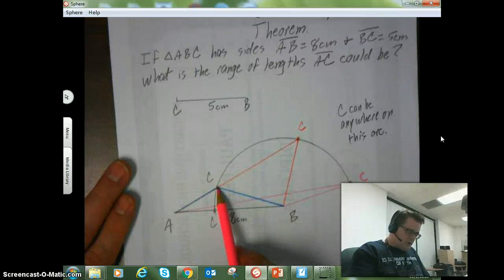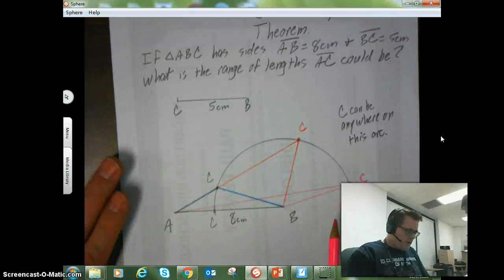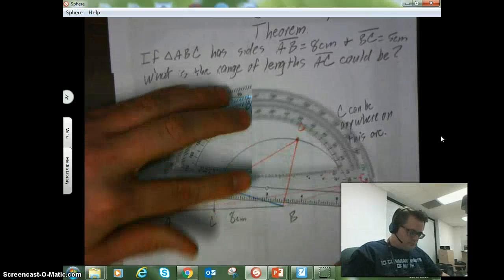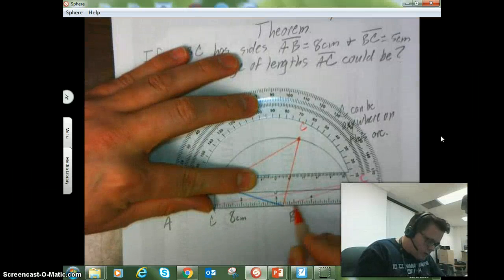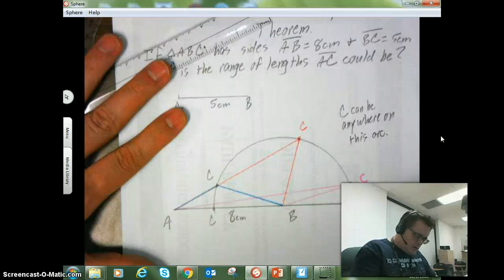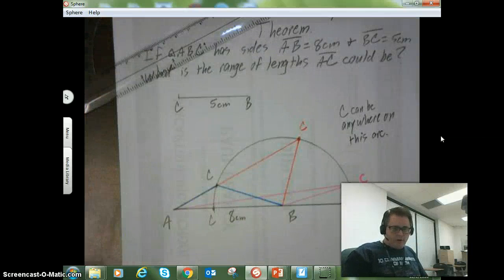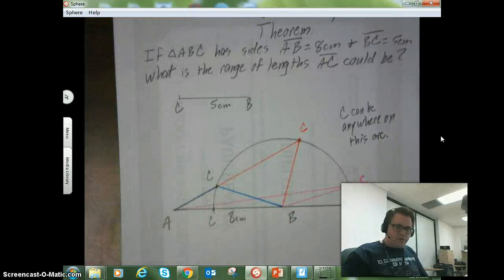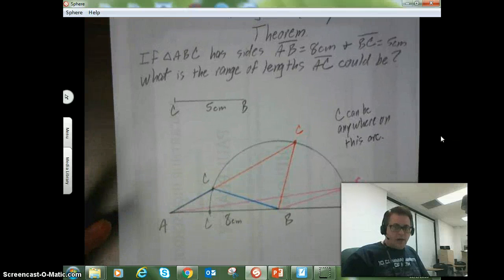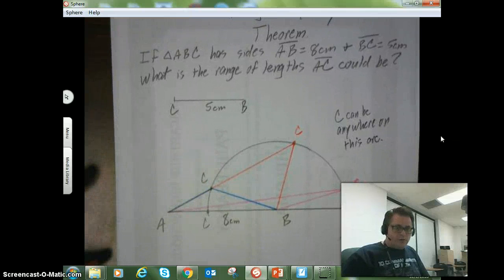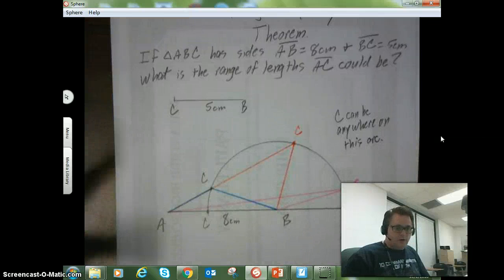Now we're pulling point C up here, and stretching it out, and ultimately, if we go a full 180 degrees, we wind up back at a straight line, which kind of makes sense. If 180 degrees is a straight line, we can't have a triangle that has points A, B, and C on it if they're also collinear, because they're creating a line.